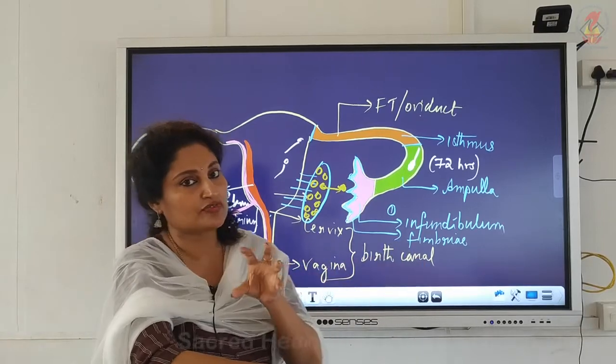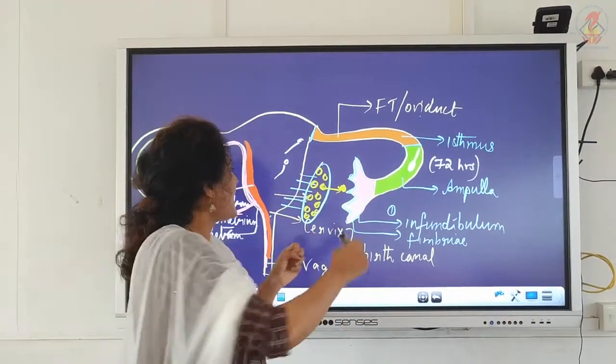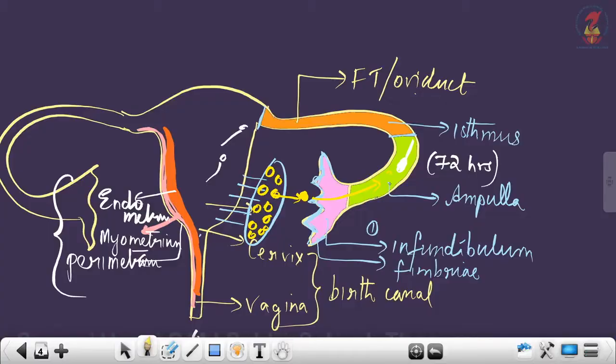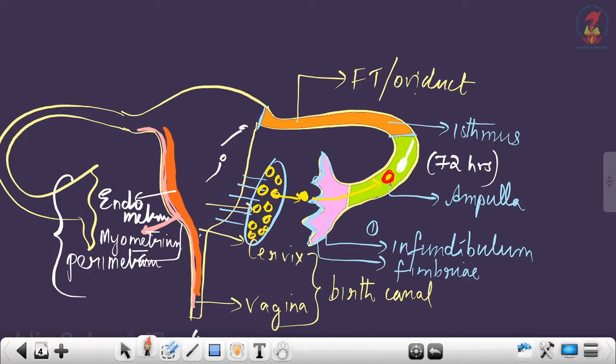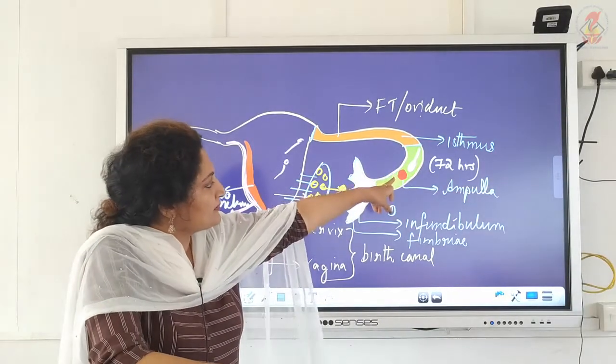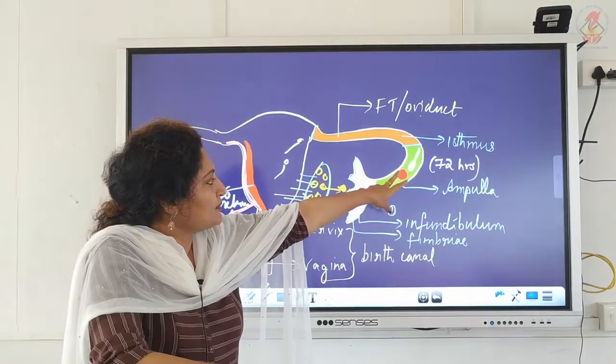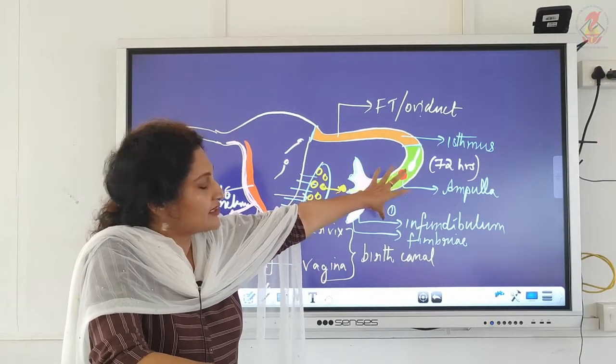So the function of the fimbriae is to grab the egg, and this egg reaches here. To make it visible, I will make it red in color. So the egg is here. So at which part of the fallopian tube is the egg? At the ampulla. Simultaneously, the sperm is present, and the sperm's life in the ampulla is 72 hours.